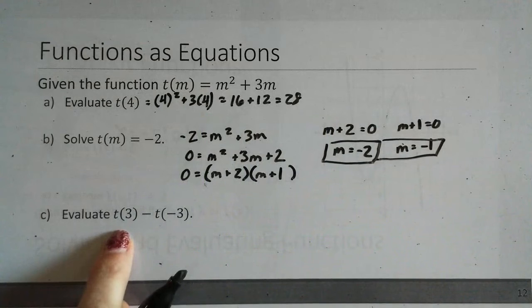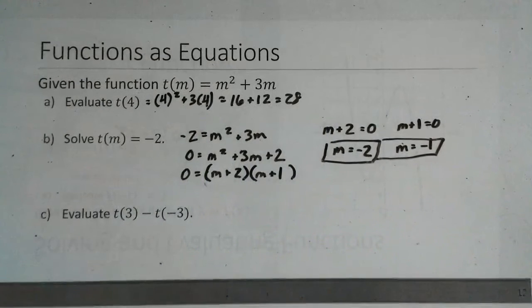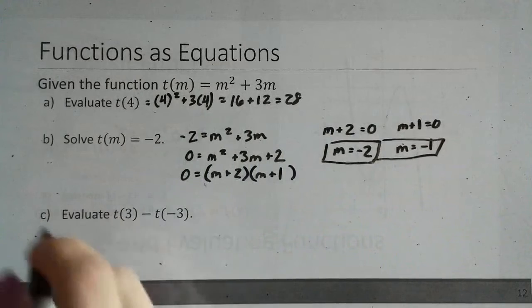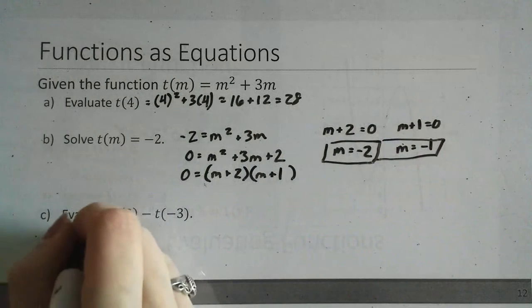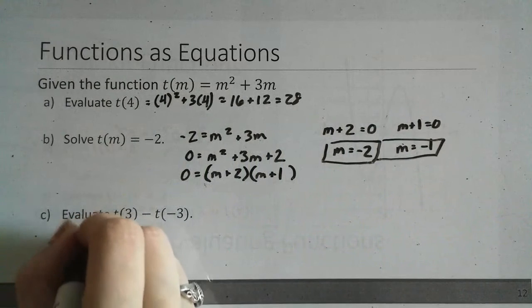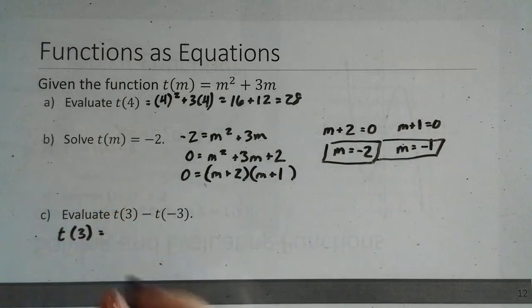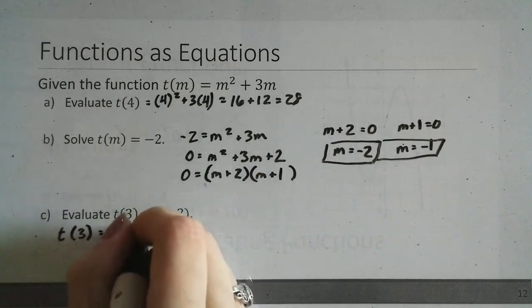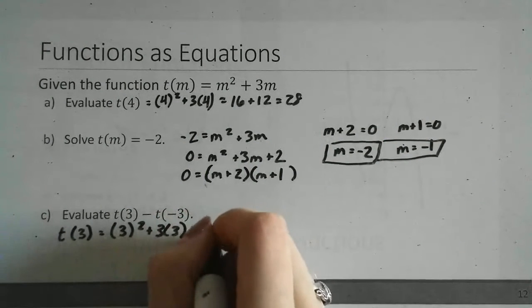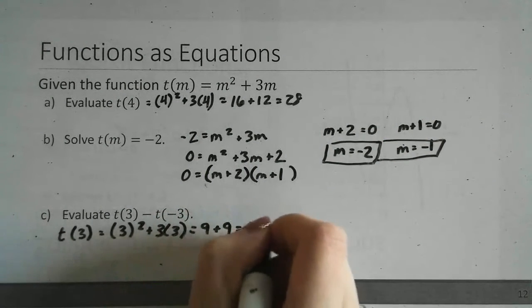Finally, we want to evaluate t of 3 minus t of -3. We're going to start by finding both t of 3 and t of -3. T of 3 just means plug in 3 for our input m, which is 3 squared plus 3 times 3. That is 9 plus 9, which is 18.